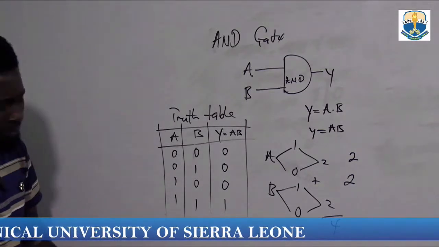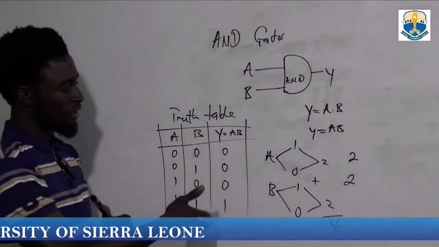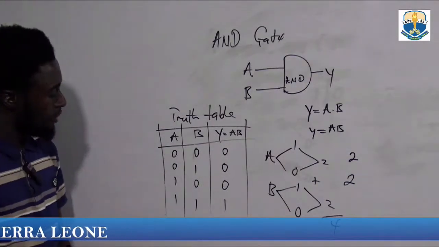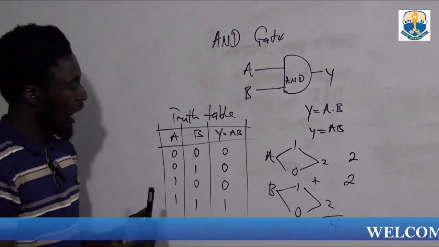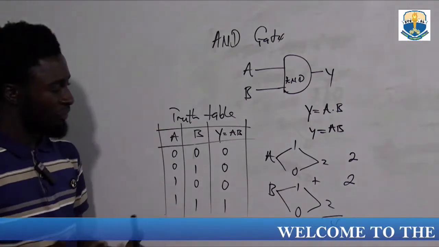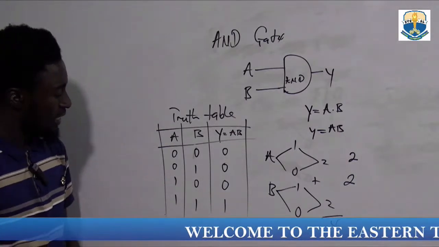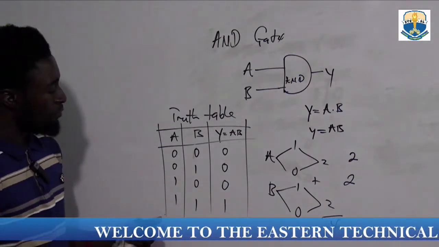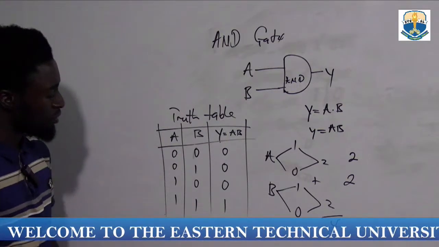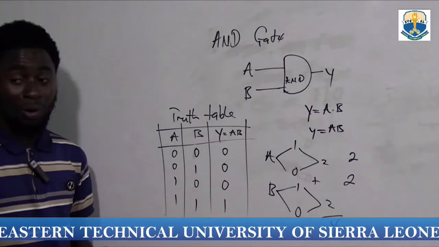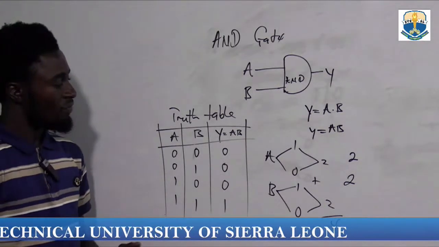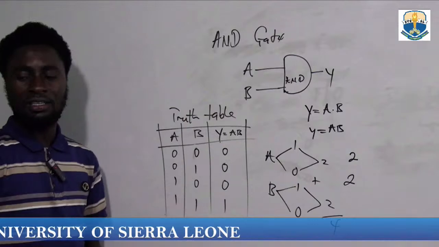And remember, to summarize this concept, you can say the output will only be in a high state if both inputs are in a high state. Otherwise, it is in a low state.